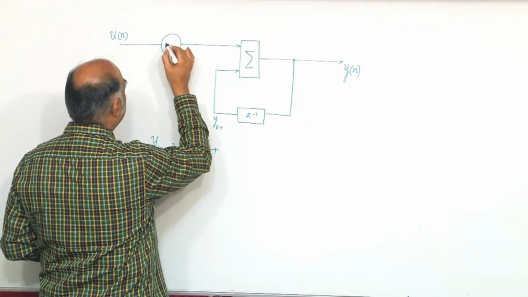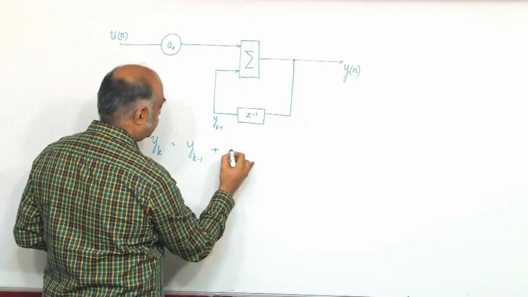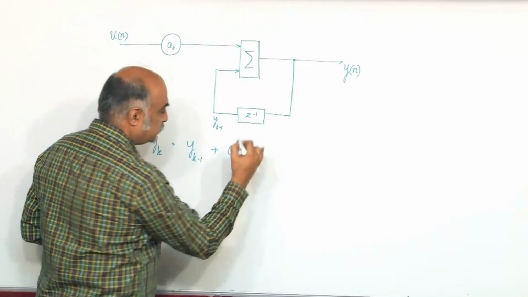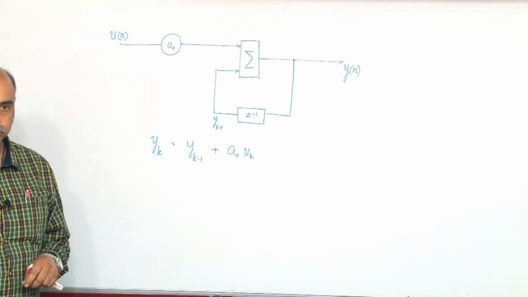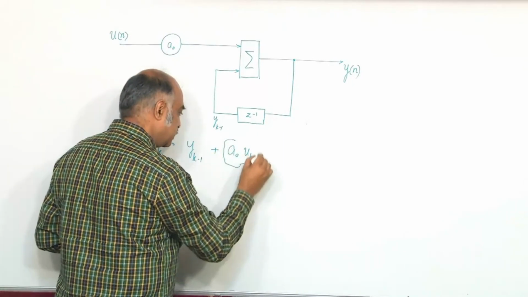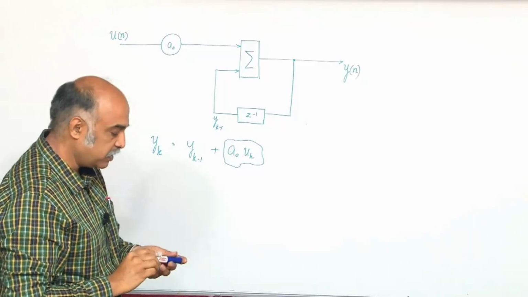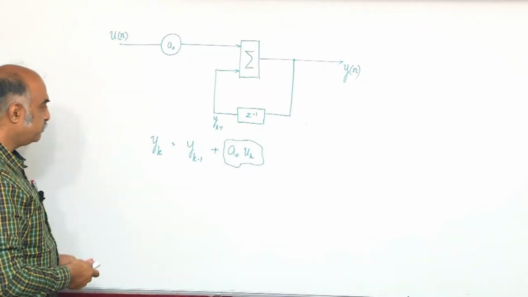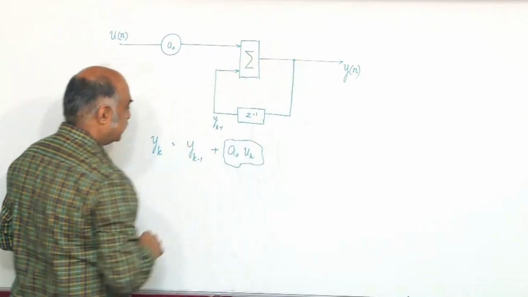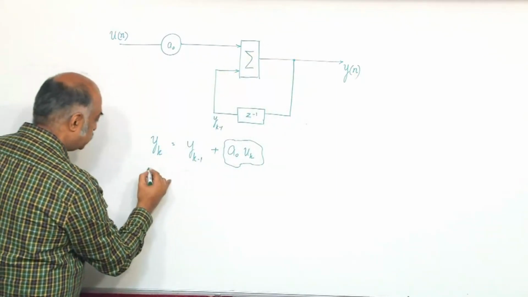So, I know that this is equal to y of k minus 1 plus there is something. I will just call this one a0 into u of k, right. Now, this is where we will keep it flexible. This portion we are not changing at all. So, what is this portion?